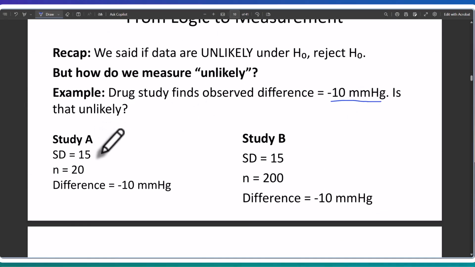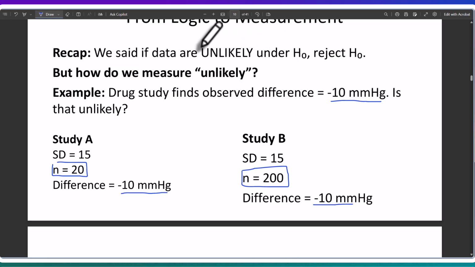Well, the problem is imagine you had a study where you just had 20 people and you found a mean difference of 10 millimeters of mercury versus a study where you have a much larger sample size of 200, but found the same difference of 10 millimeters of mercury. Well, which one is more unlikely under the null?